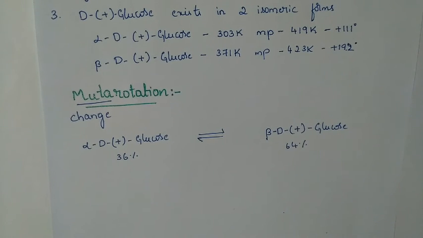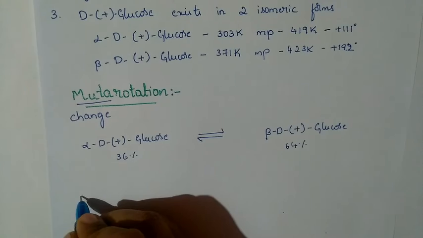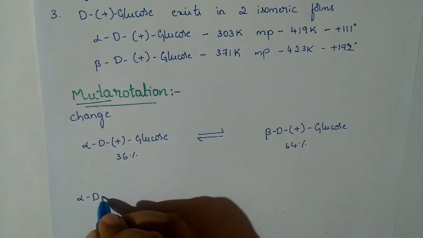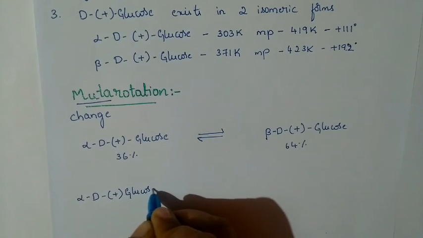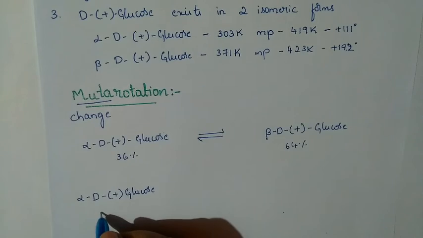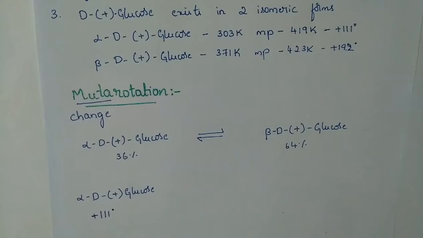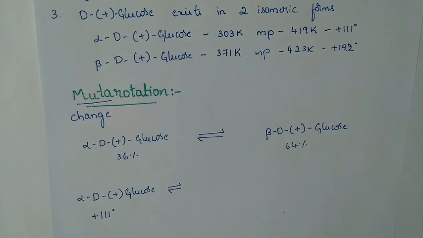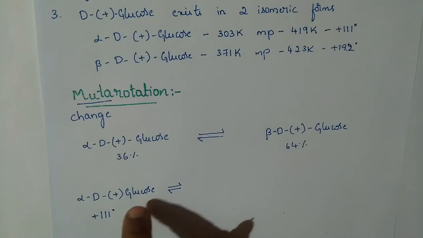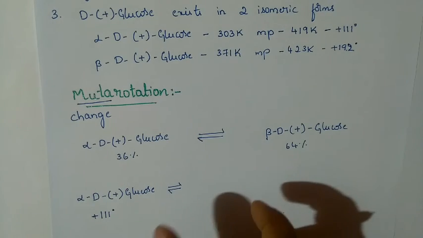The same thing we are going to study in terms of specific rotation. Let us consider we have taken alpha D glucose, which has a specific rotation of plus 111 degree, and the process starts converting it to an equilibrium mixture.